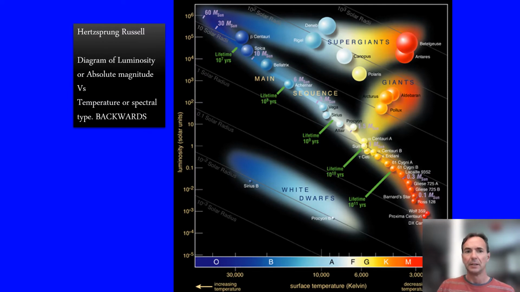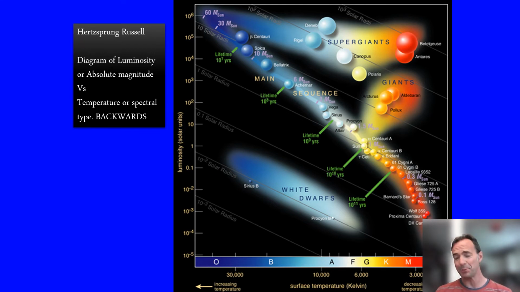Well done. So, Hertzsprung-Russell diagram. Don't draw this. This is a very detailed one. I just want to give you the idea of what the Hertzsprung-Russell diagram is in colour. It is a diagram which up the y-axis is luminosity, absolute magnitude, against temperature or spectral type, but it's going backwards.